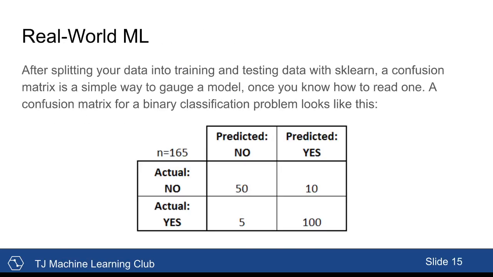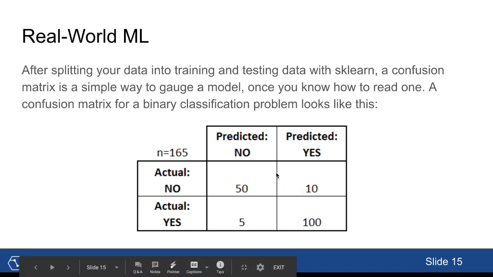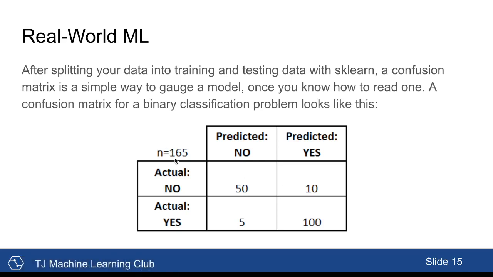So a lot of the times, the best way to figure out how accurate my model is, is to use a confusion matrix. What this confusion matrix does is show exactly what your model's predicting and how. So it'll show, for example, in this case, if you have 165 testing data values and you're predicting yes, the person survives the Titanic, no, the person doesn't survive, right?